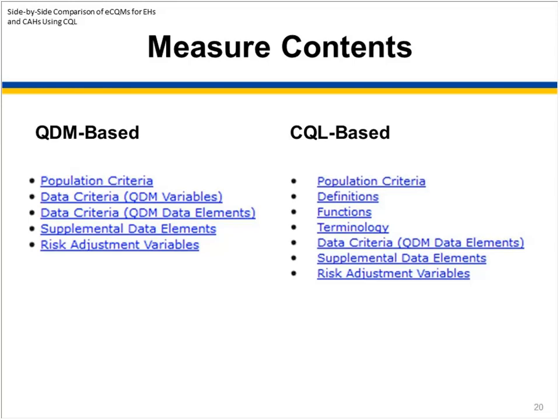There's a new terminology section that lists all of the value sets and direct reference codes that are used throughout the measure. And then the data criteria, supplemental data elements, and risk adjustment variable sections are the same in terms of being present. Data criteria is largely the same, and we'll look at that a little bit later. And supplemental data elements are just a little bit different. We'll look at those as well.